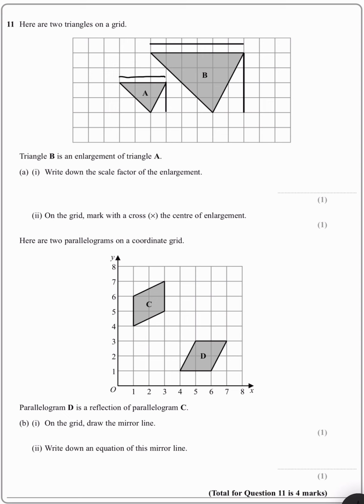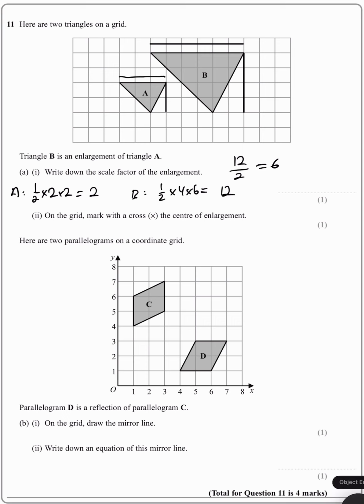So A's area is half times 2 times 2, which is 2. B's area is half times 4 times 6, which is 12. So B is actually 6 times larger than A, because 12 over 2 equals 6, right?